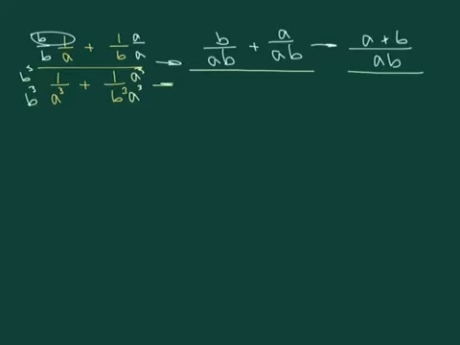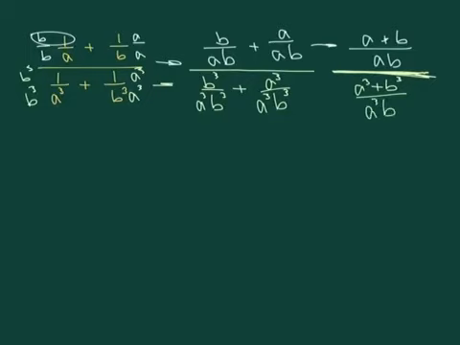All right, so I end up with B cubed over A cubed B cubed plus A cubed over A cubed B cubed, and put them all over one denominator, A cubed plus B cubed over A cubed B cubed. All right, so right there is my simplification of my initial problem.